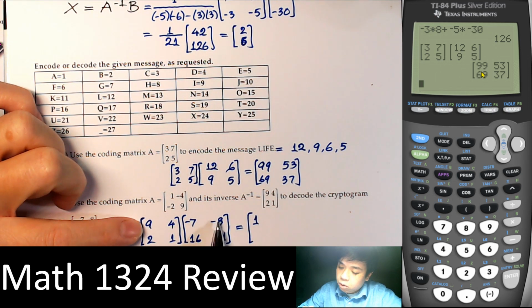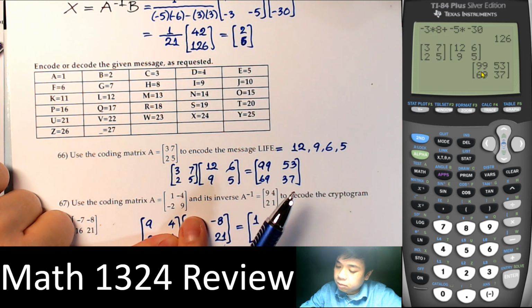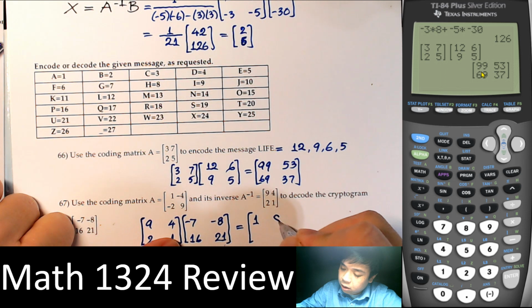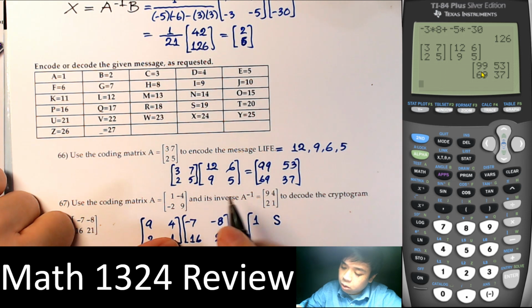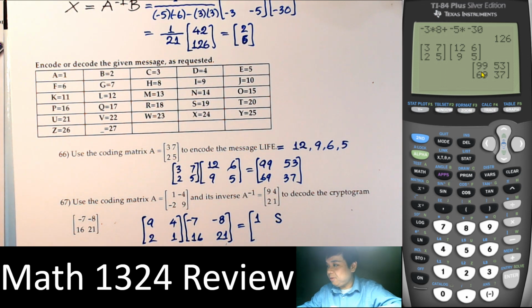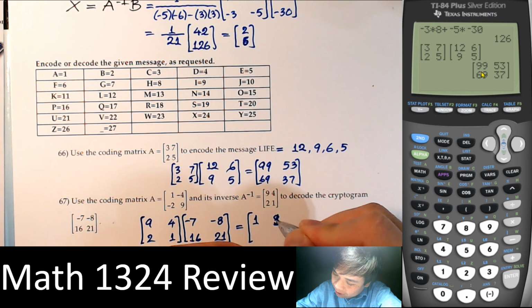And then this row times this column: negative 72 and 84, that's 12.